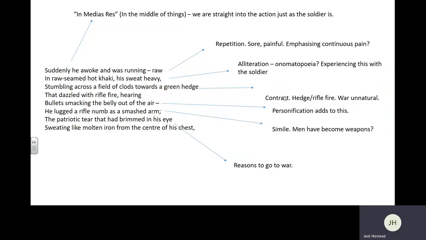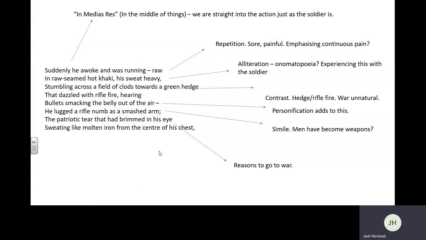So those are the reasons he's gone to war: for the king, the country, and to do everyone proud. And so at this point, it's talking about how he was patriotic, but it had brimmed in his eye. So it's interesting to note that patriotism, that patriotic tear, is not there anymore.